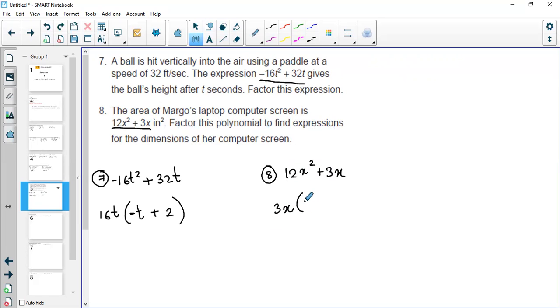So that means 12 divided by 3 is going to give me a 4, and then x squared divided by x is going to give me an x, plus 1, because 3x divided by 3x is 1. Similarly, like 6 divided by 6 is 1. So the same theory is applied here. 3x divided by 3x is going to be 1. So this is the factorization for question number 8.